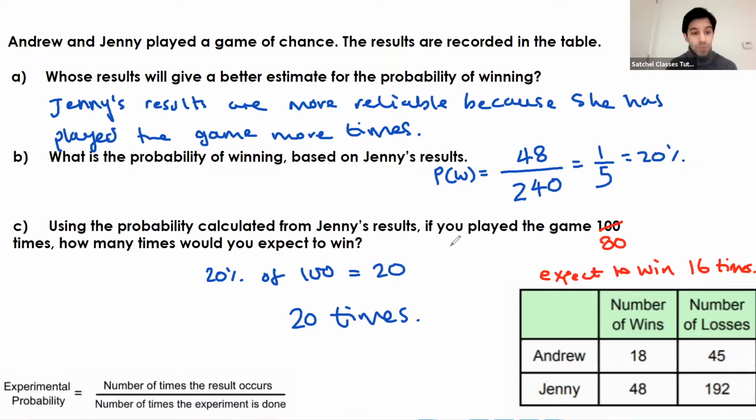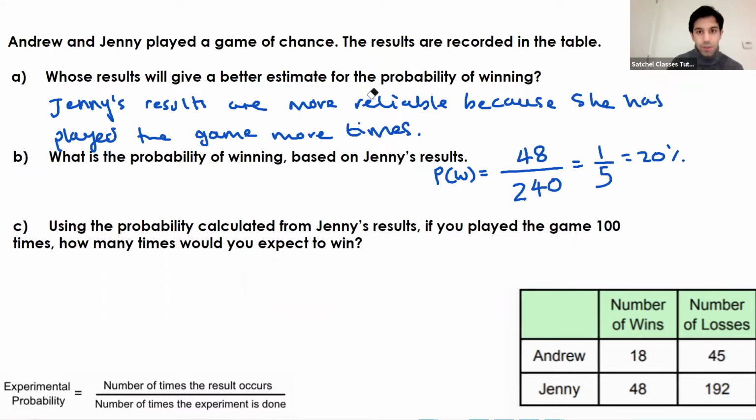So however many times you play the game, you will win 20% of the time. So even if you played the game, I don't know, 200 times, 20% of 200 is going to be 40. So you would expect to win 40 times. All right, let's just rub this out. So the answer to C is going to be 20. Sorry, not 20%, but 20 times, I should say.